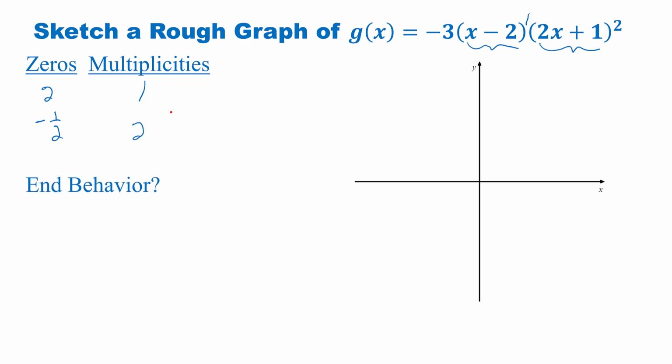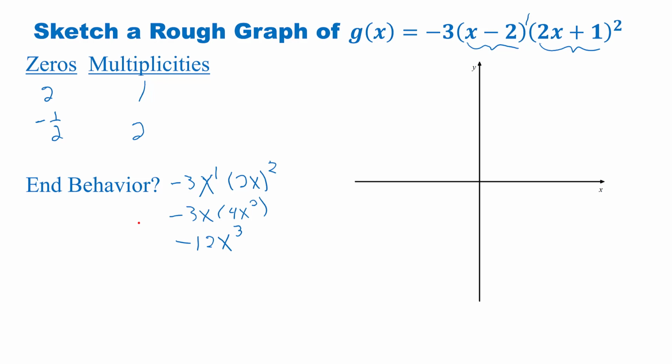Let's go on then to determine the end behavior. The end behavior would be like -3 times x raised to the first power times 2x squared. We'll simplify there to get -3x times 4x squared, which would be -12x cubed.